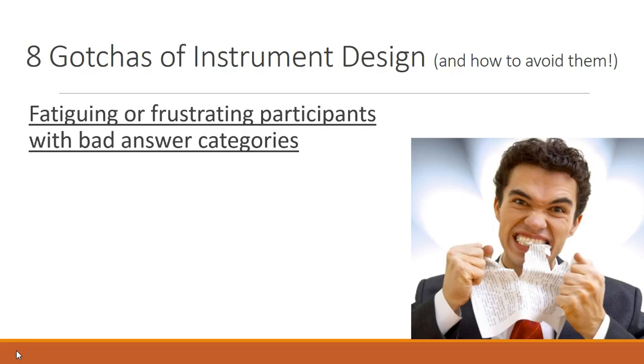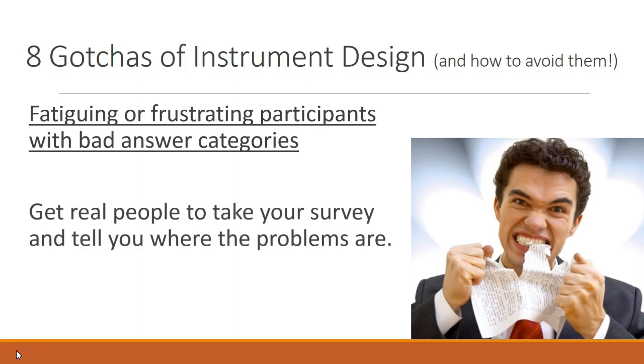So you want to be sure that you have provided an exhaustive set of answers, that you haven't asked questions that are really asking two things, but only provided answers that they can choose from for one of those questions. That's called a double-barreled question. We'll talk about what those are and how to avoid them when we meet. But the key here is to get real people to take your survey and tell you where the problems are ahead of deploying that survey.